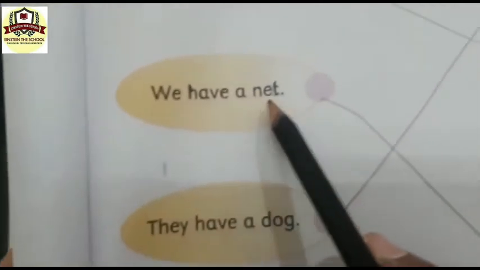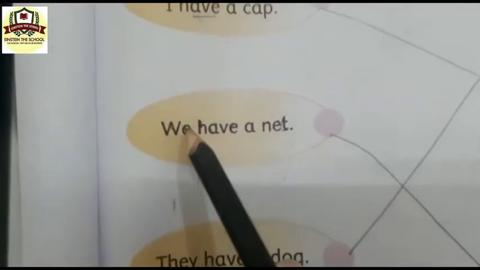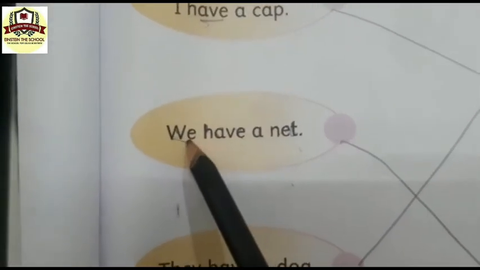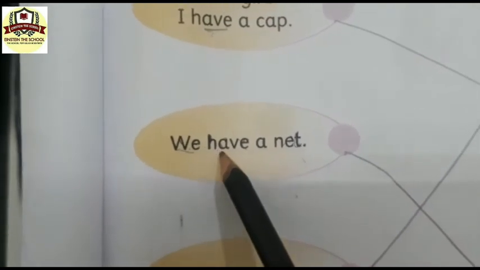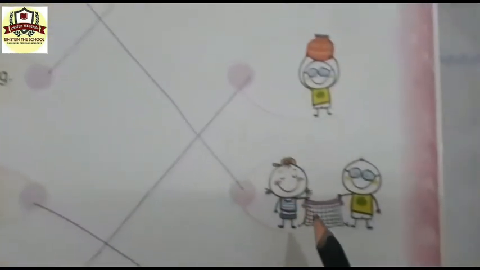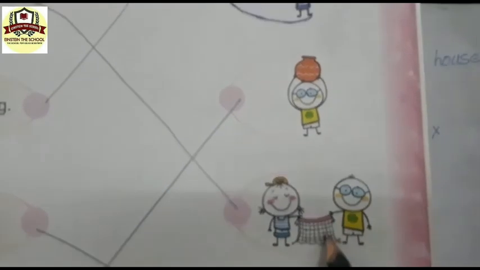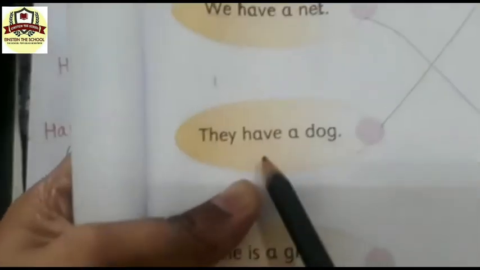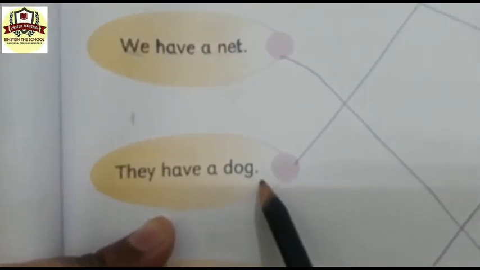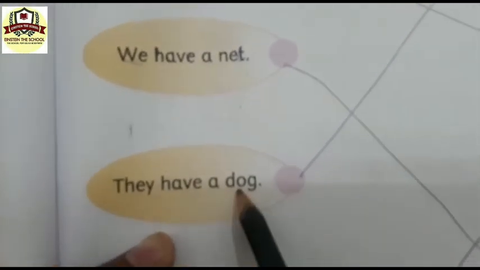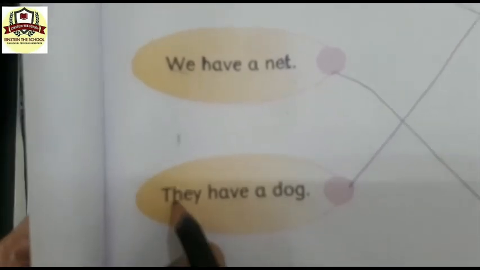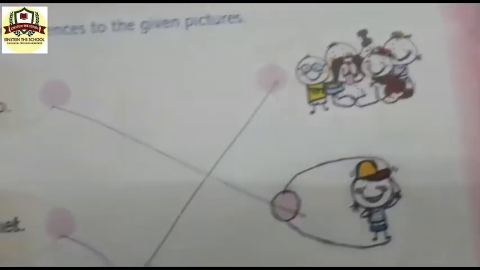Next, we have a net. We is a plural form. If it is we, then we should use have. We have a net. Next, they have a dog. They, it's a plural form. Where is it? Here. So match it from here to here.